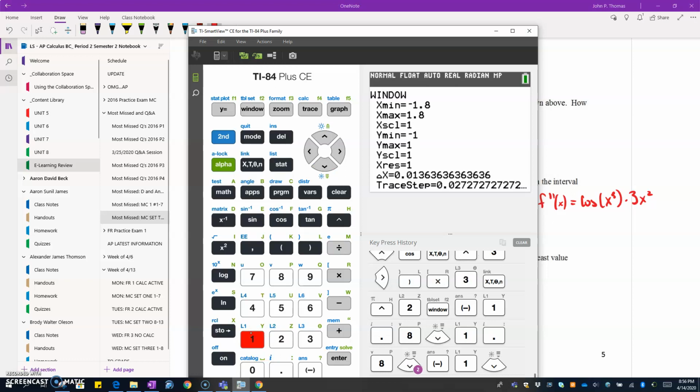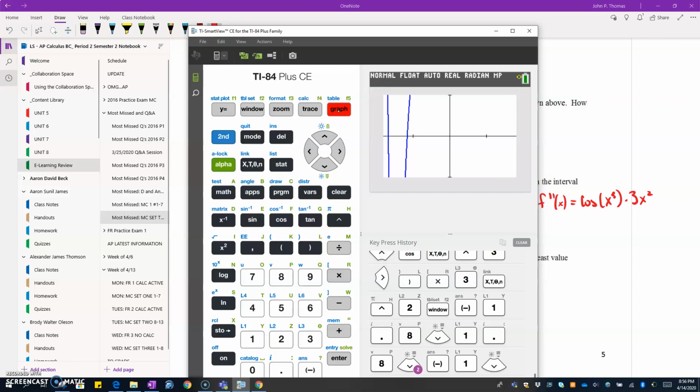I won't get a complete graph, but I will get the information I need. So if I hit graph here, I've clearly got 1, 2, 3, 4 spots where there is a sign change. And then one spot that could be no sign change, or it could be 2 additional sign changes. So I'm going to have to take a closer look at 0 just to make sure.